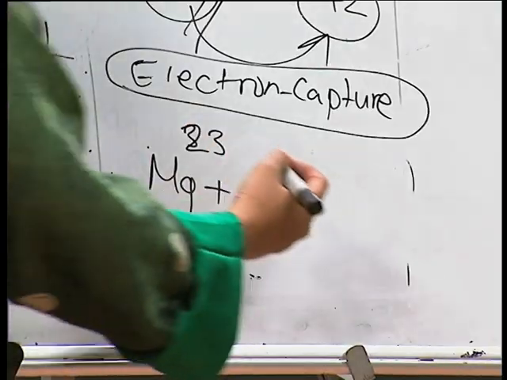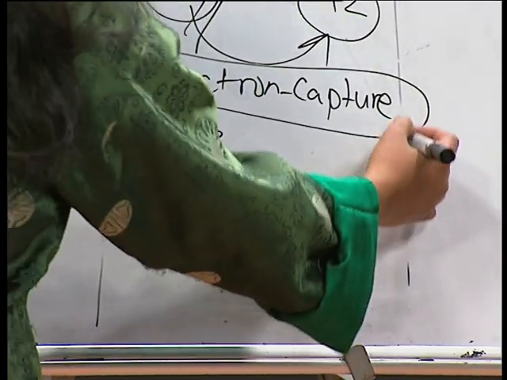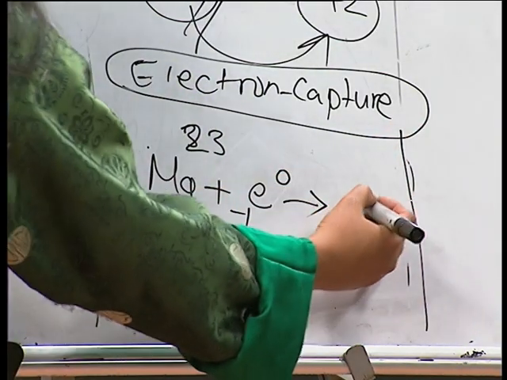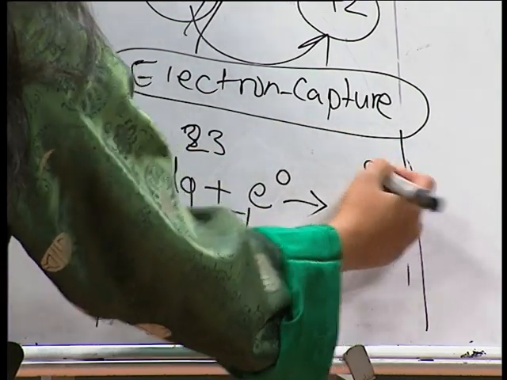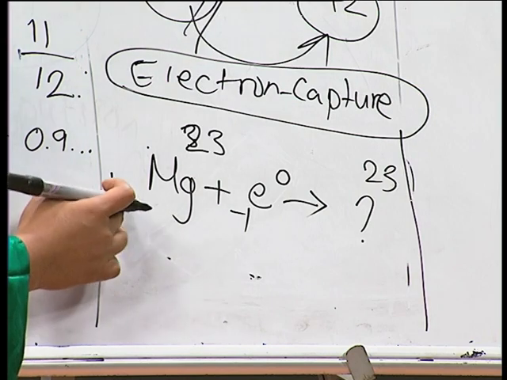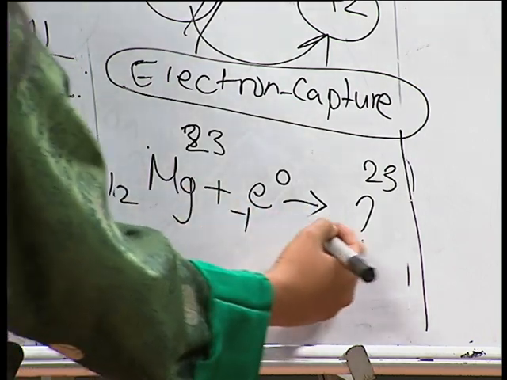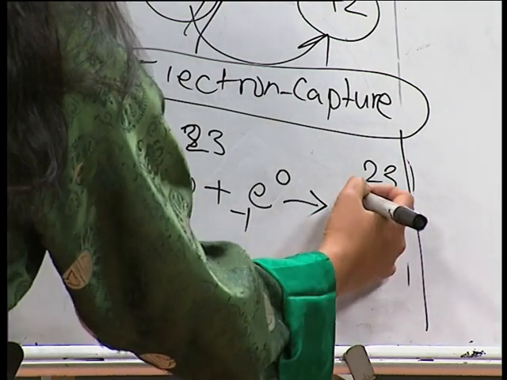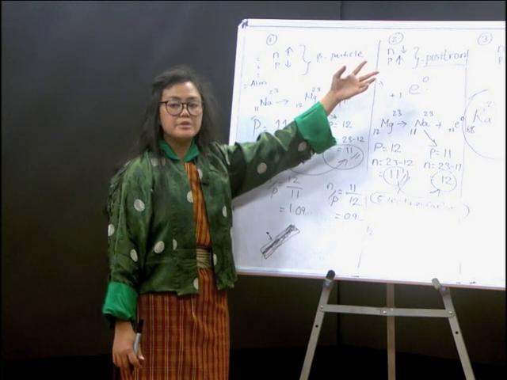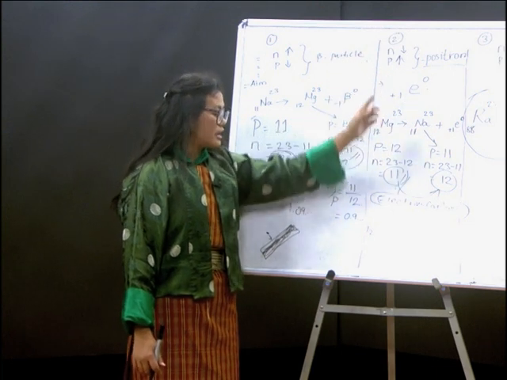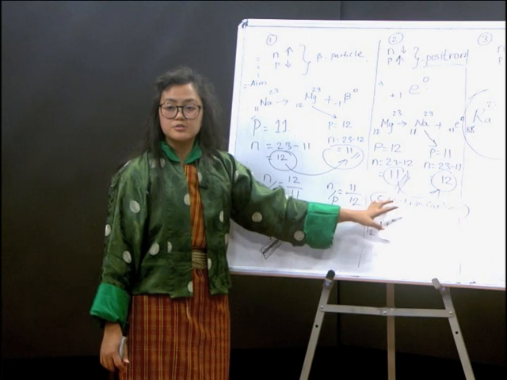So, what will be the product? Mass number will be 23 when we combine these two, and here you will see 12 minus 1, it becomes 11. So, this 11 belongs to sodium.